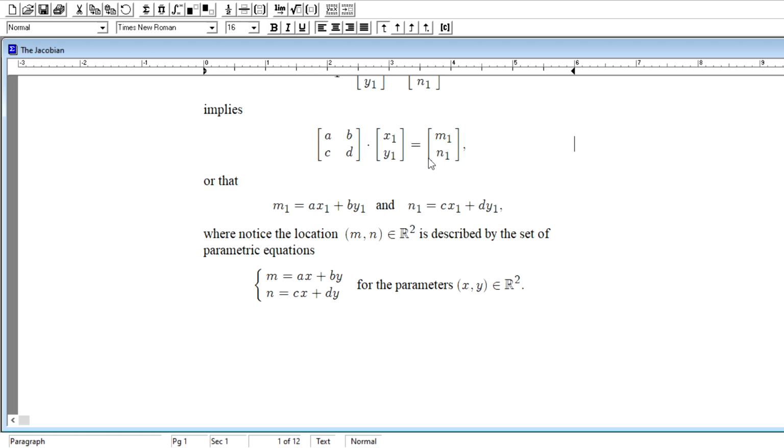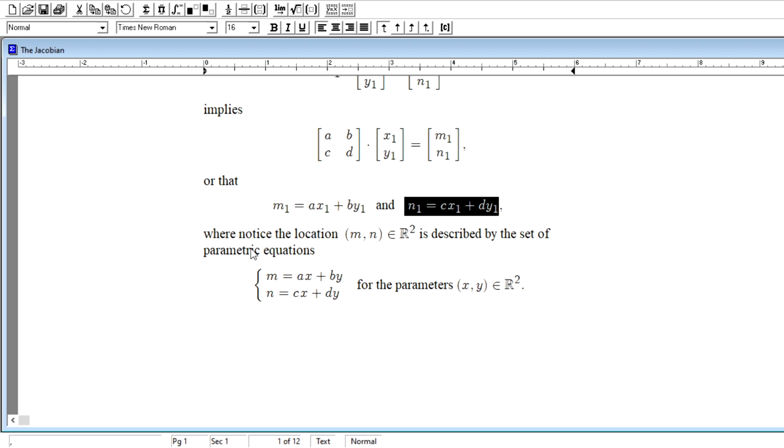And n1, this value seen here in the second row, first column of the resulting matrix, is found by taking this second row of T and multiplying it by this column matrix x1, y1, with C times x1 added to D times y1. So n1 becomes C times x1 plus D times y1, right?